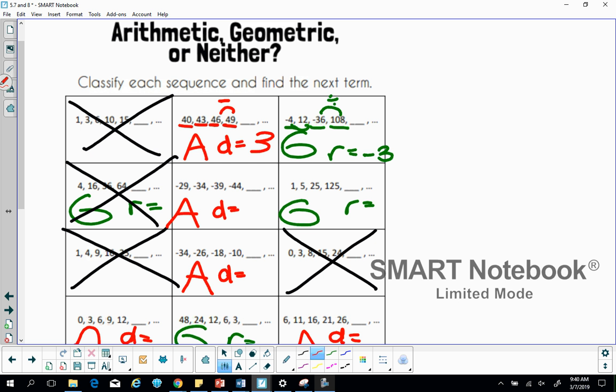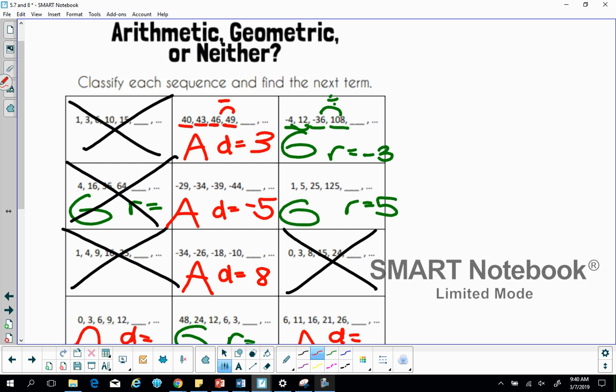Allison, did you get this one right here? What is it? Negative 5. Beautiful. Brendan, what's the next one? 5. Perfect. Tyreek, what's this one right here? Not negative. It's actually positive 8.